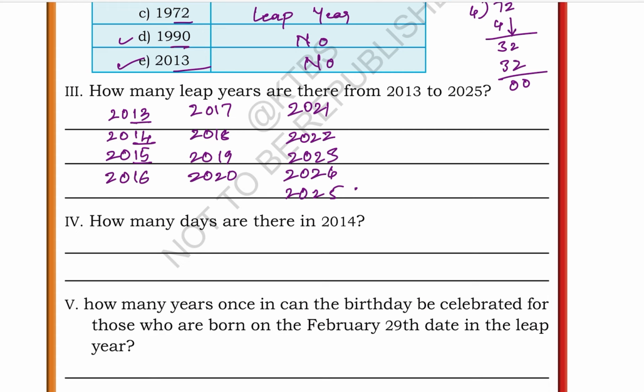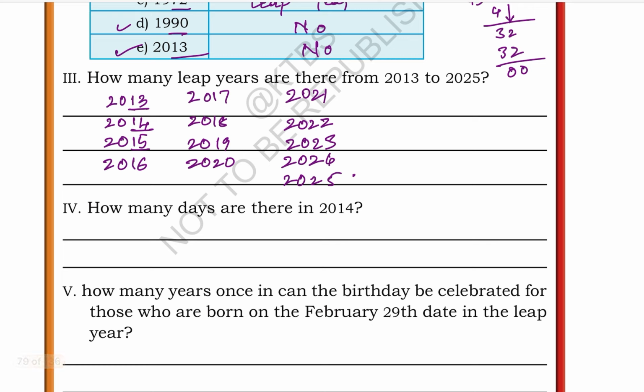So 2016 is divisible by 4. 17 not divisible, 18 not divisible, 19 not divisible, but 20 divisible by 4. So, this is a leap year. 16 is a leap year, 20 is a leap year, 21 not divisible, 22 not divisible, 23 not divisible, 24 divisible, 24 is a leap year, 25 not divisible.